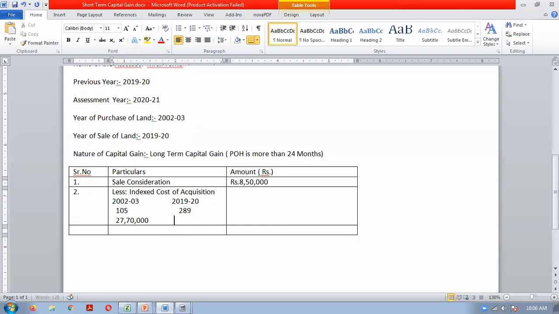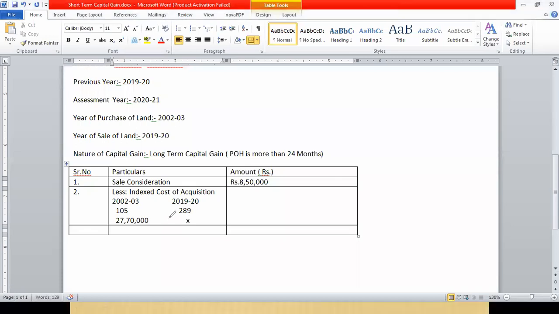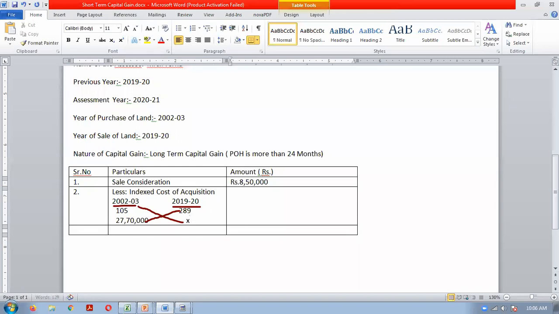By doing the cross multiplication, you will get this amount which we have calculated now. It is 7,43,143 rupees.